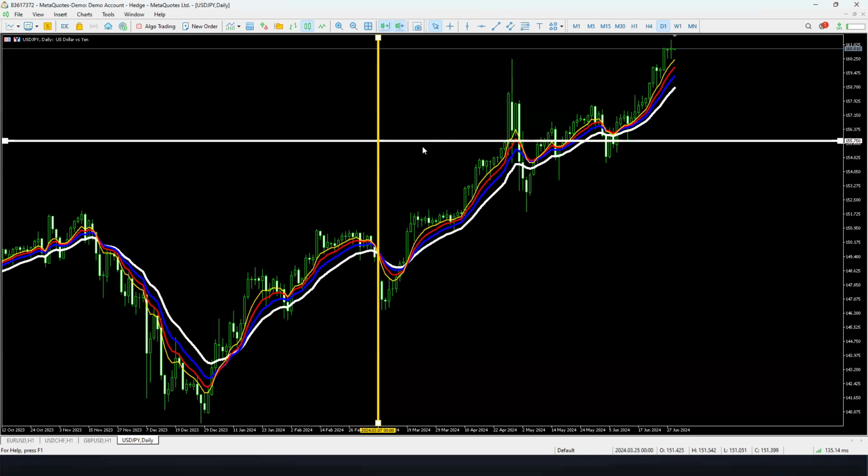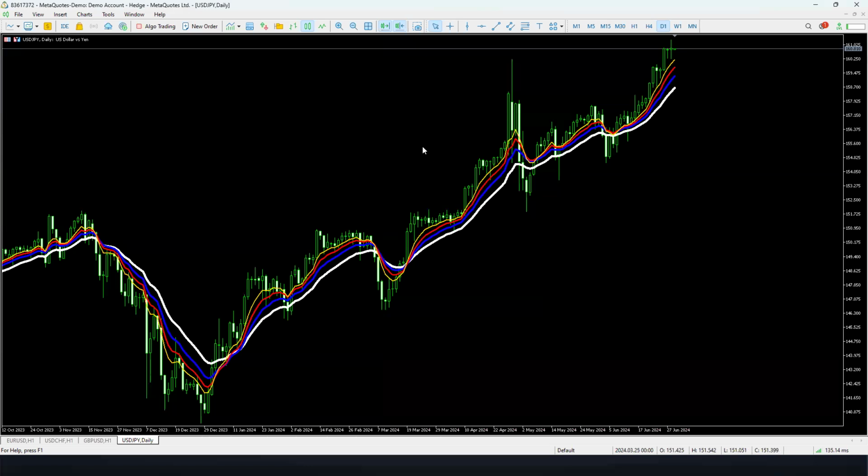In one of our classes, I told you that the most important tool in this forex market is your candlestick, right? Now, with this candlestick, I can also create another template. Let me create another template of this one.